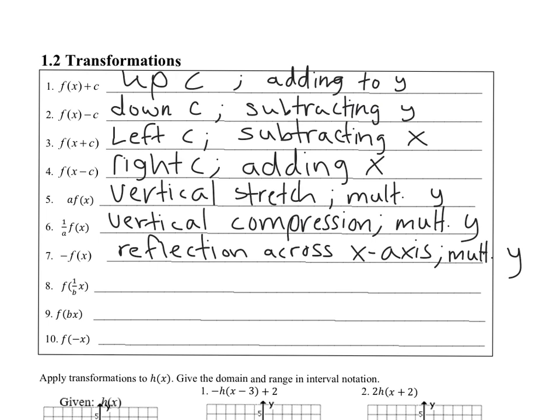Now, this bottom stuff right here is this 1 over b. You'll notice the difference here is that this is going to be a horizontal change, and the 1 over b is inside the parentheses. Notice how over here 1 over a is outside, while 1 over b is on the inside.